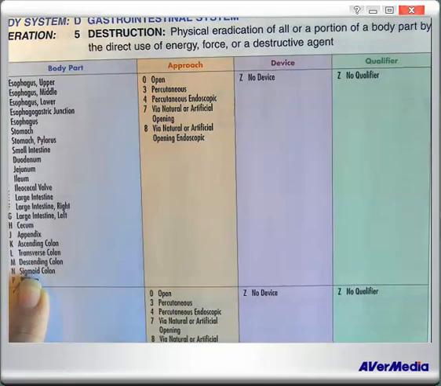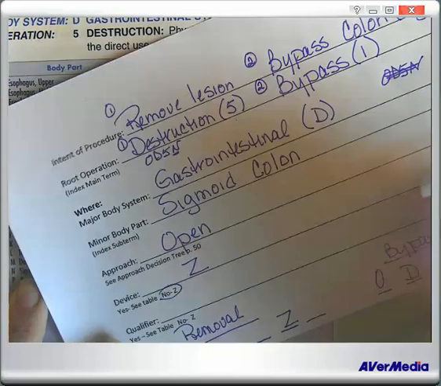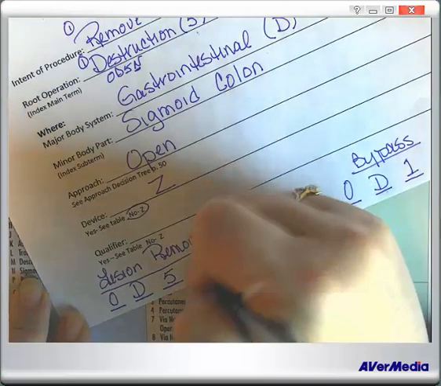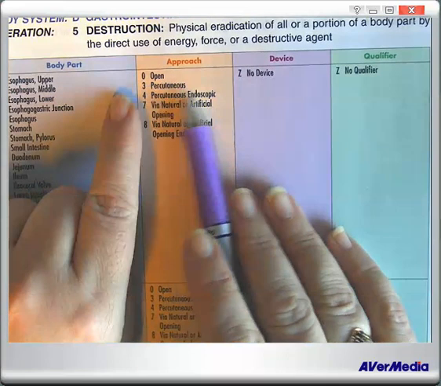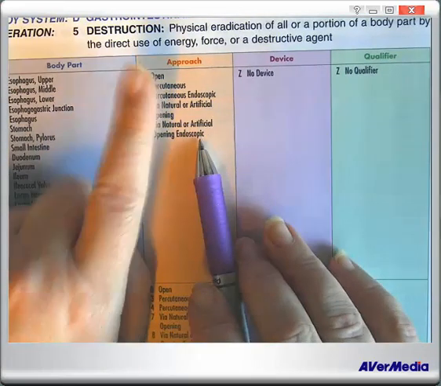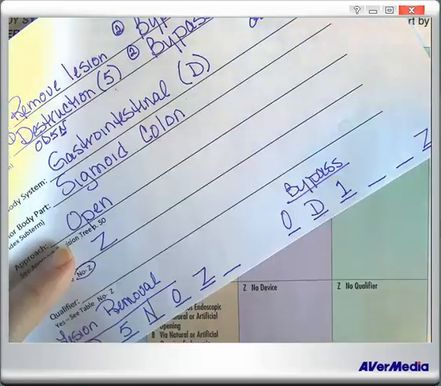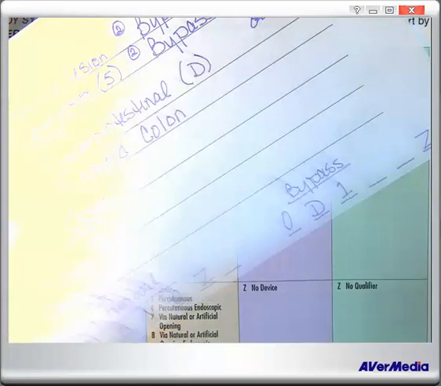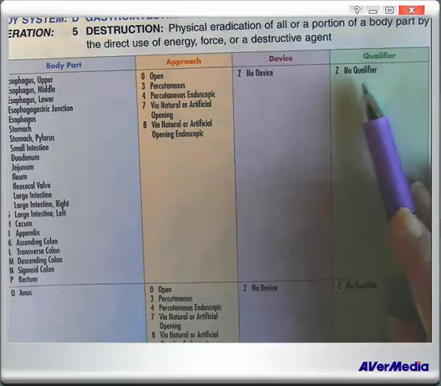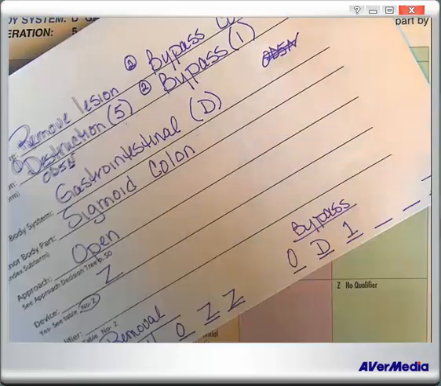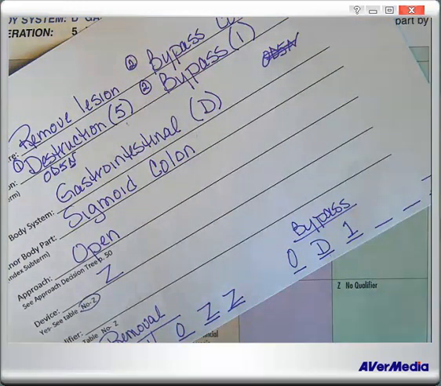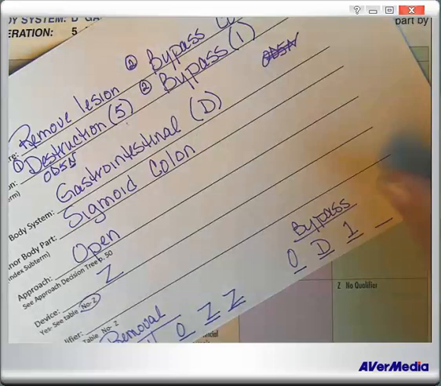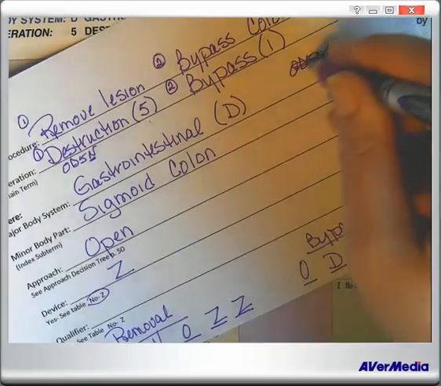So that does seem correct, so I'm going to write N right here. Next thing I have to decide, was it percutaneous, was it endoscopic, how was it? It was open, because it didn't tell us anything different, okay? And then we don't have a qualifier, so it's Z, okay? So it's 0D5N0ZZ.